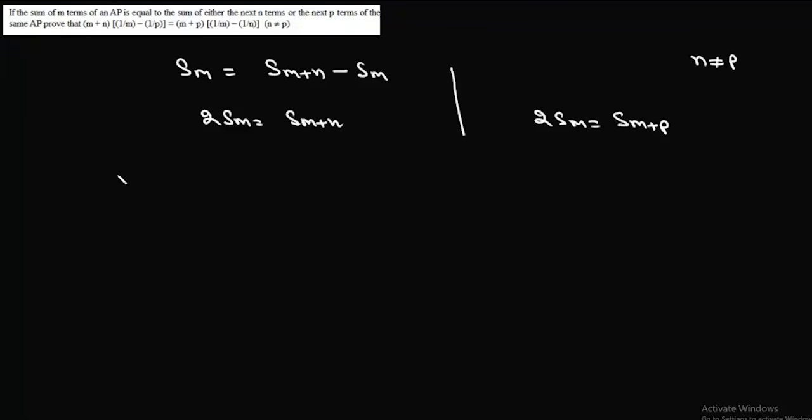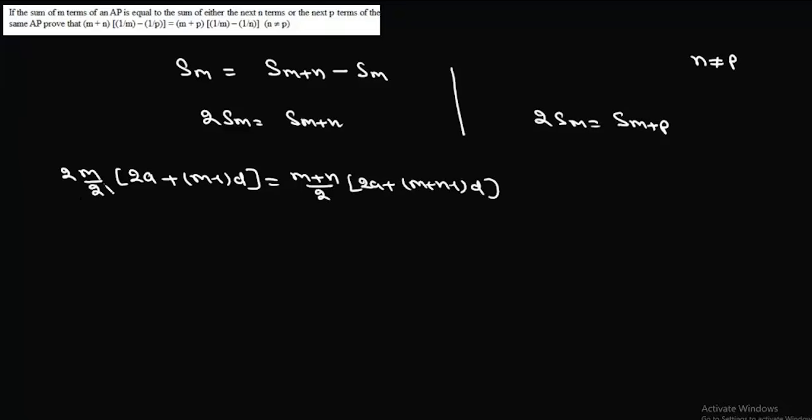Now we'll simplify this first condition. So we can write 2 into m by 2 into (2a plus (m minus 1) d), and it will be equal to (m plus n) by 2 into (2a plus (m plus n minus 1) d). Now this 2 and 2 will cancel.